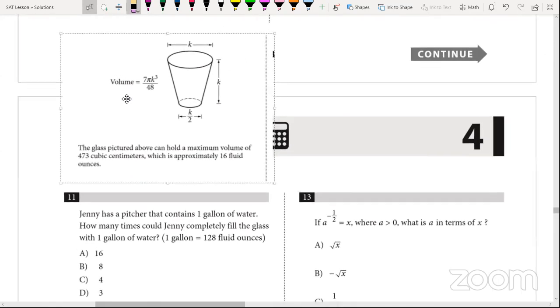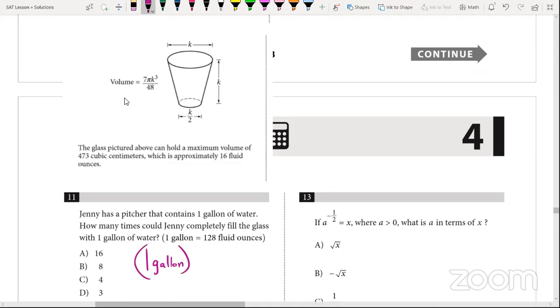Okay, Jenny has a pitcher that contains 1 gallon of water, 1 gallon. How many times could she fill the glass? So we can view this as a unit conversion problem because we have 1 gallon and 1 gallon is said to be the same as 128 fluid ounces.